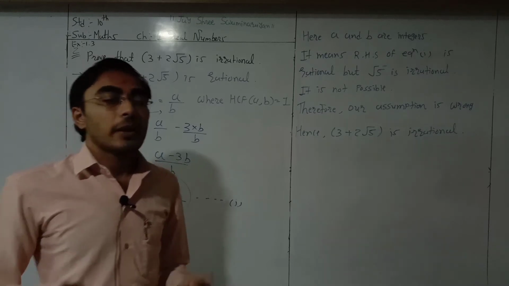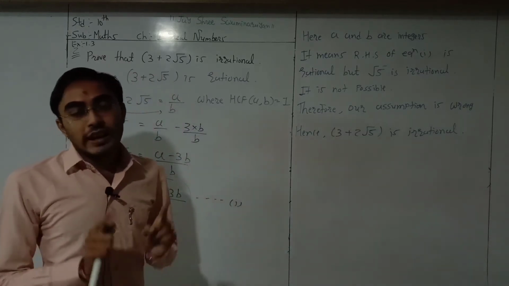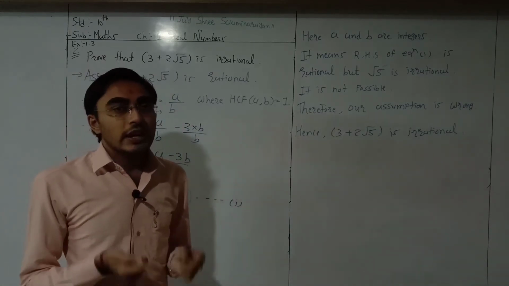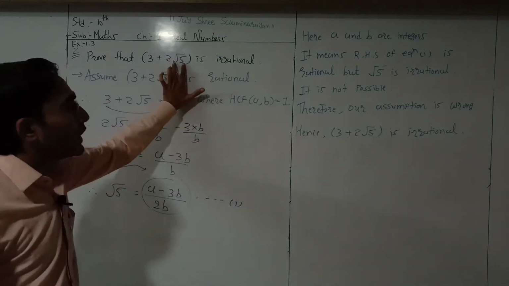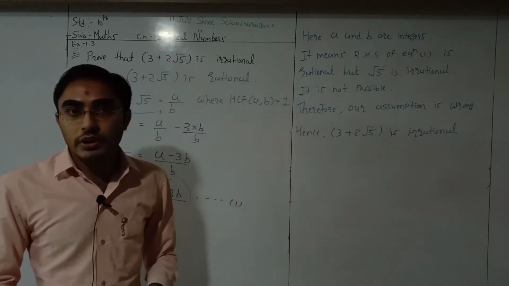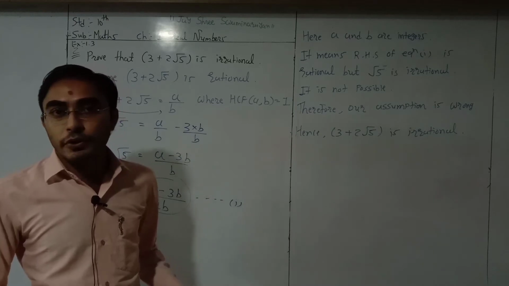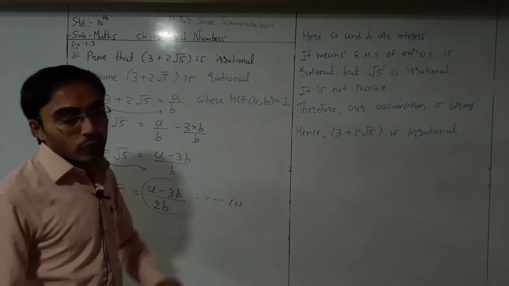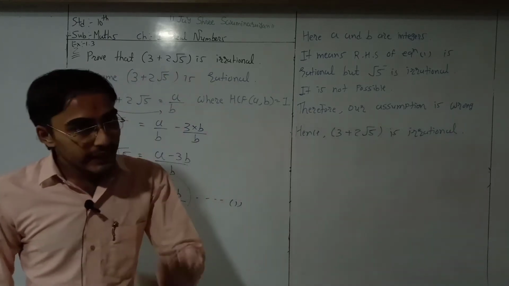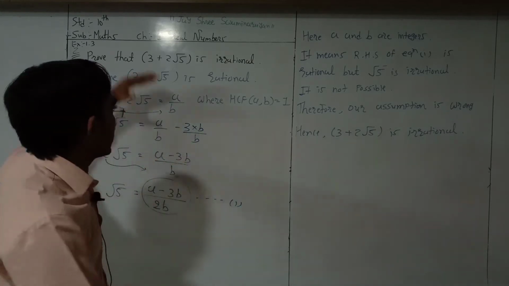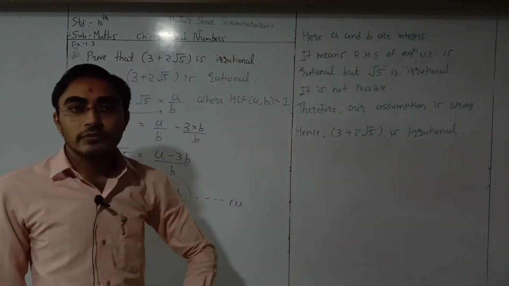But if this question is asked in 3 or 4 marks, then first of all you need to prove that under root 5 is an irrational number, that we already proved in our previous video, right? So first of all you need to prove under root 5 is irrational. After that you need to write these steps.